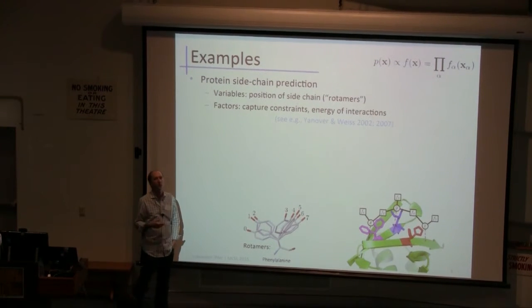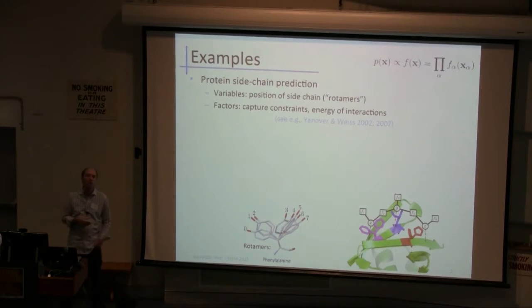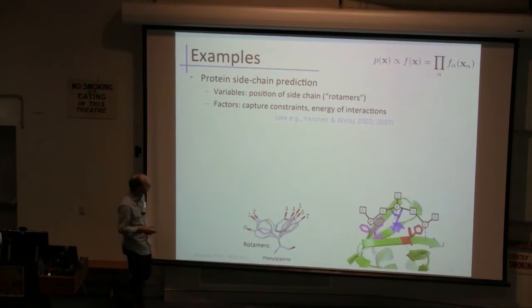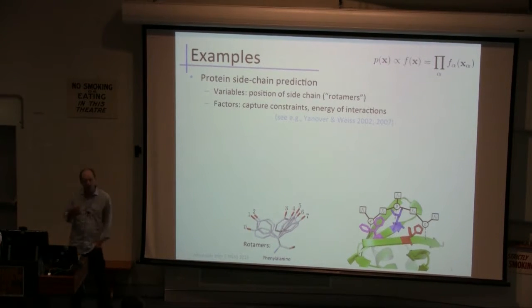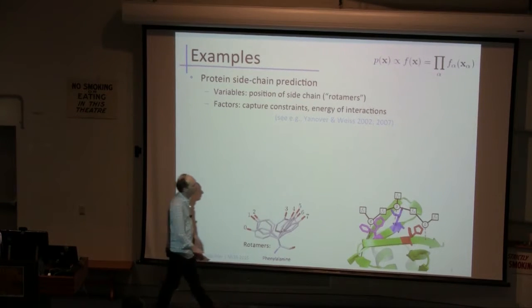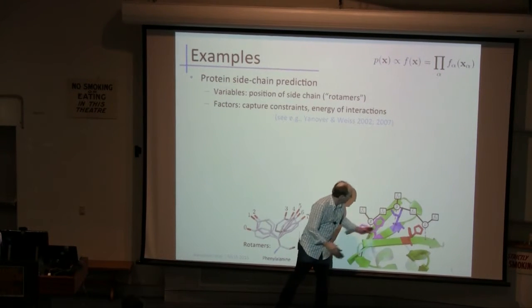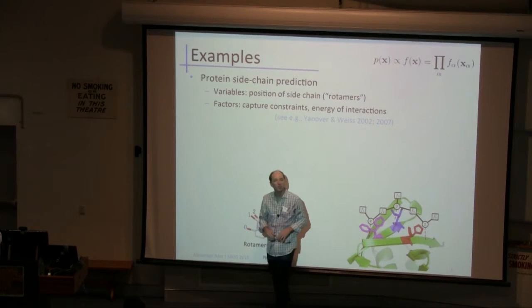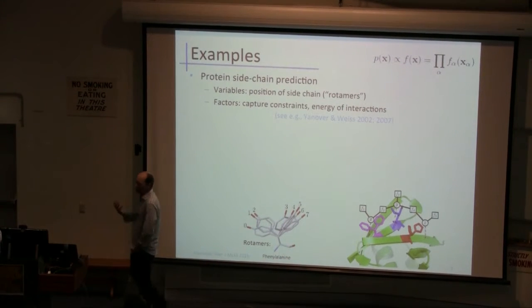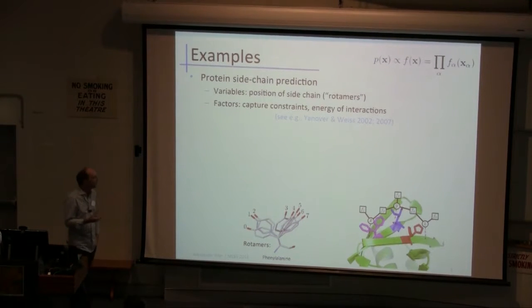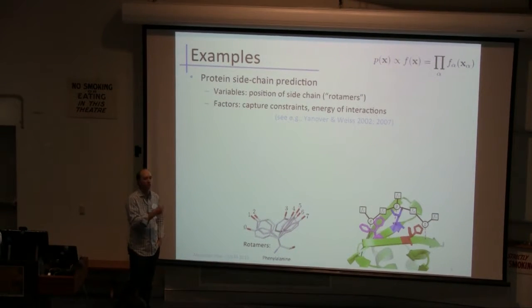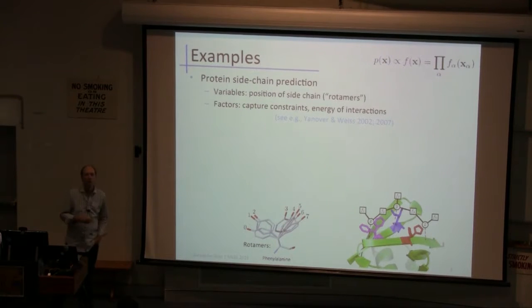So you can discretize those based on your experience with other proteins, and the positions that you discretize are called rotamers. And then you can describe how those things interact. If you have a couple of neighboring amino acids, they might be sticking out in 3D space close to one another, and they have some energy of interaction. So the task is to figure out what rotameric positions of all these things go together to find the minimum energy configuration.